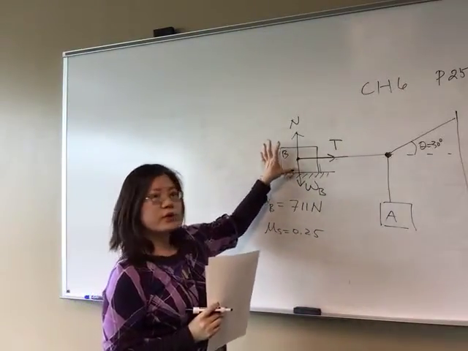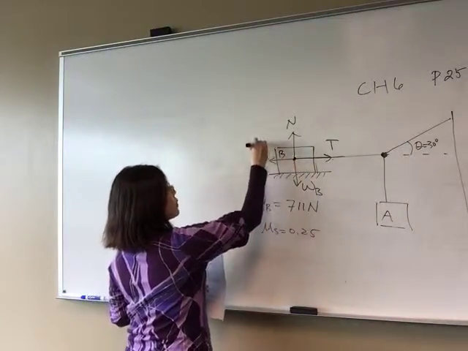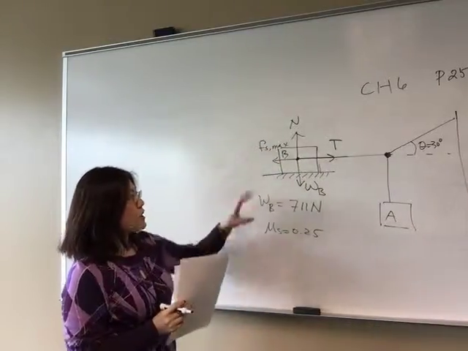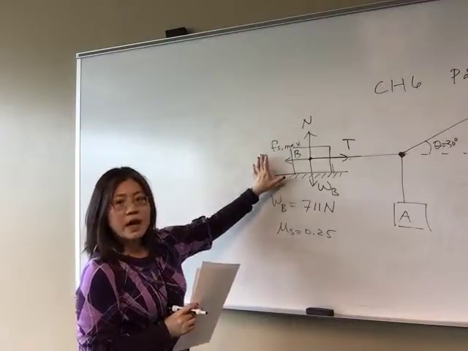Because the attempted motion is to the right, the frictional force, the maximum static friction, will be to the left. So you can see that in order for this to be stationary, the tension in the rope has to be balanced by the maximum static friction.